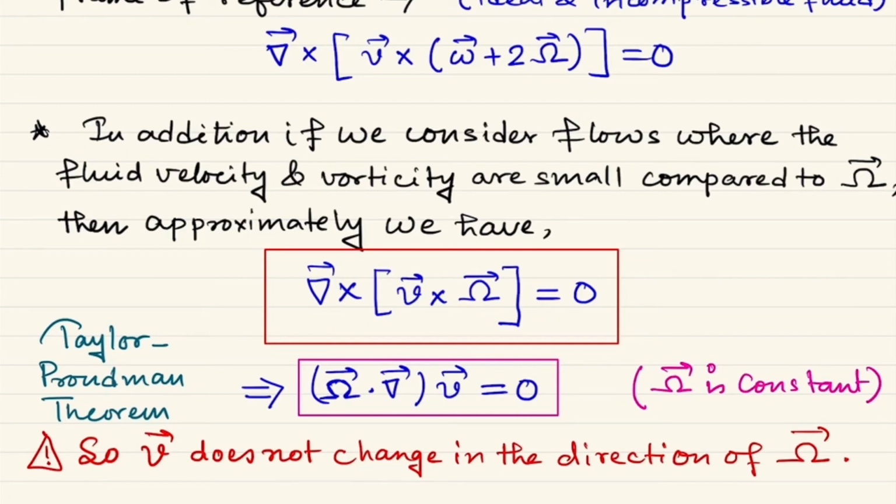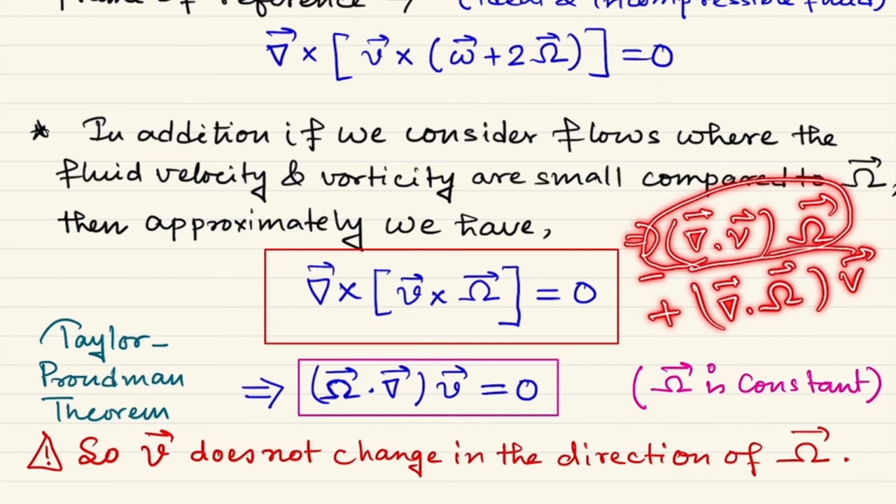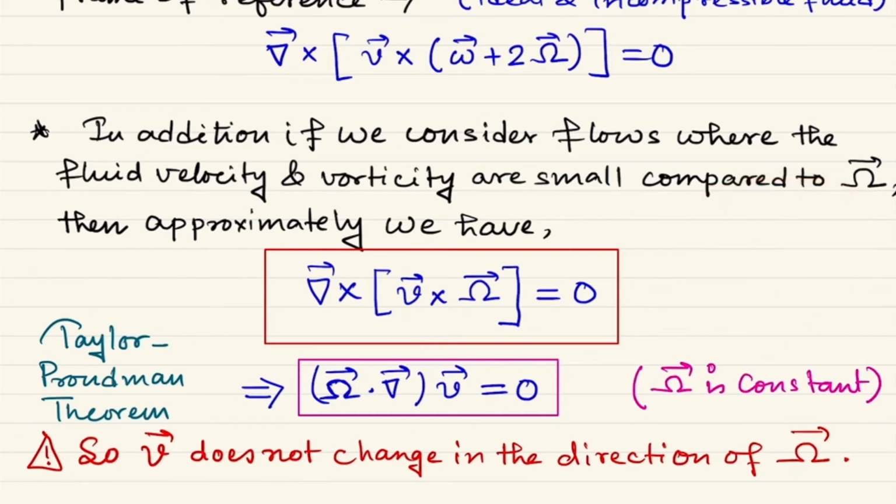And if you now expand them, you will have 4 terms. 3 terms will vanish. If you remember what they are, there you will have 2 terms like minus the divergence of v omega plus the divergence of omega with v, and both of them are 0. This is because of incompressibility, and because omega is constant. There will be 2 other terms.